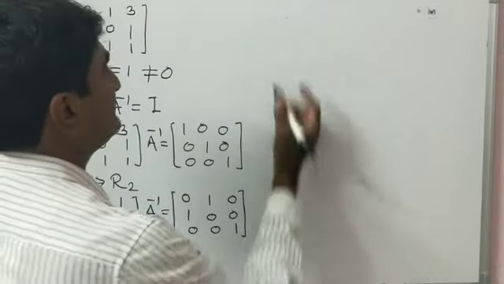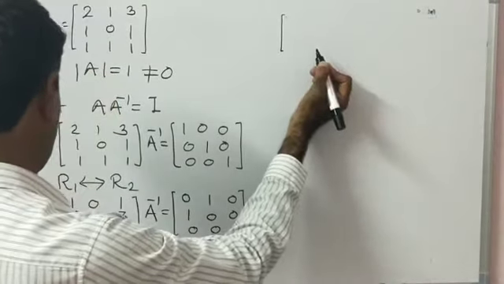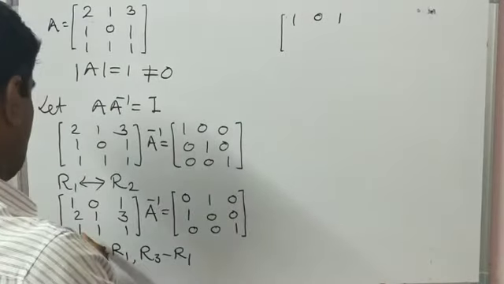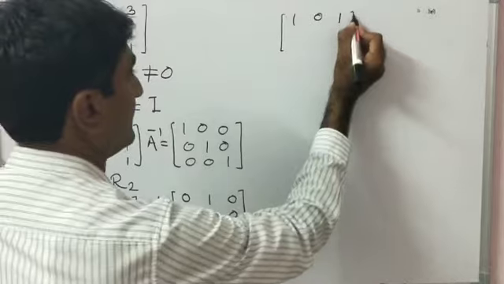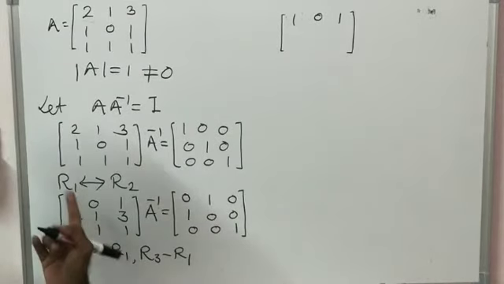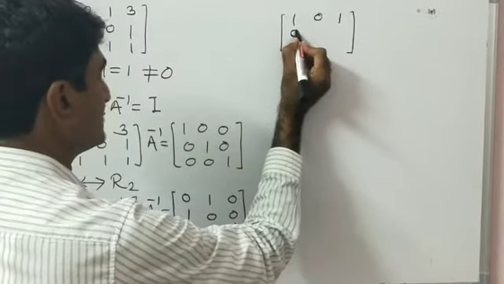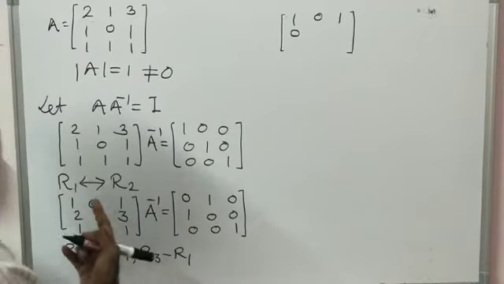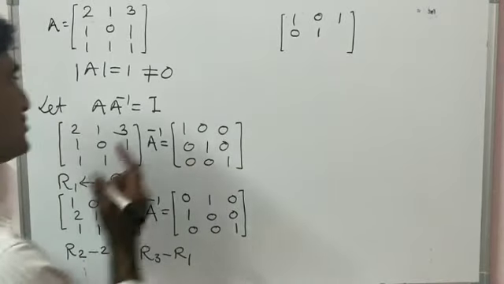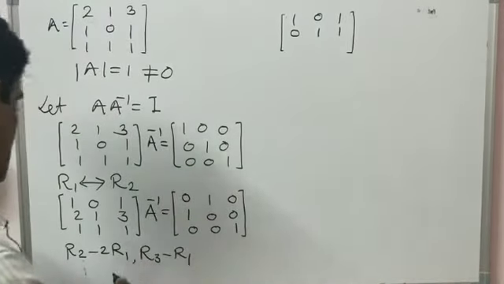R1 as it is: 1 0 1. Now this operation R2 minus twice R1: 2 minus 2 is 0, 1 minus 0 is 1, 3 minus 2 is 1.